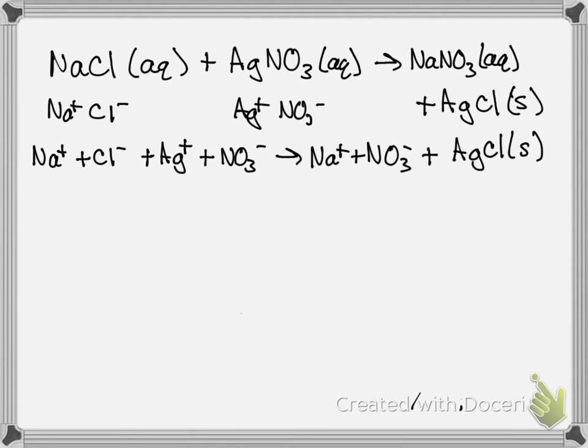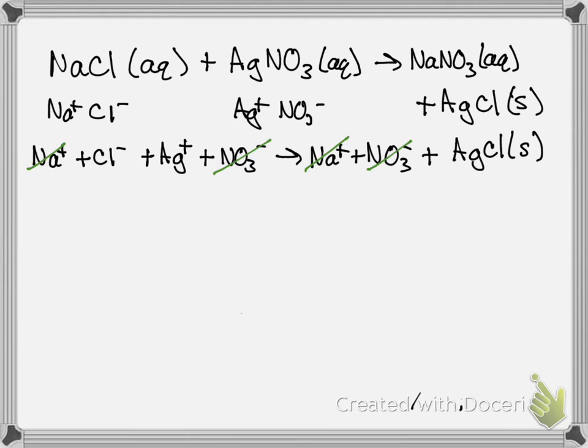What we're going to do now, though, is get rid of the spectator ions. The spectator ions are ones that didn't really do anything. They're in the stands. They're not playing the game. They're just there, but they're not experiencing any change. So sodium was aqueous to begin with, aqueous to end with. Nitrate was aqueous to begin with, aqueous to end with. So you don't need to write them because it's kind of pointless.